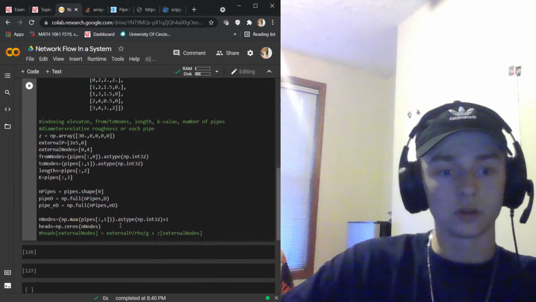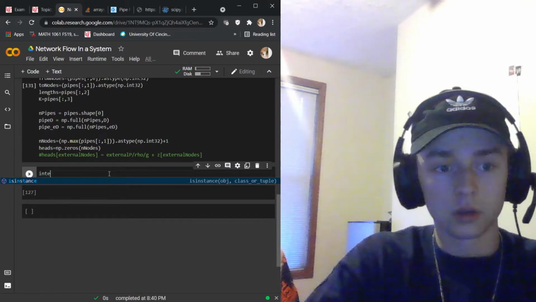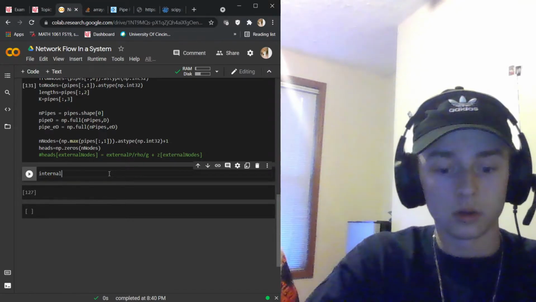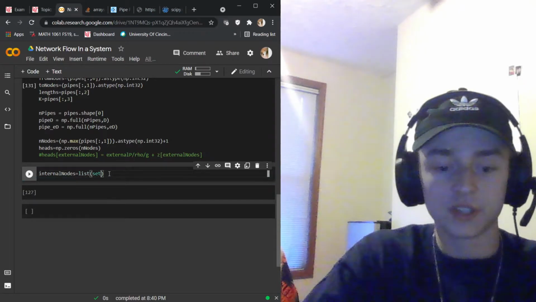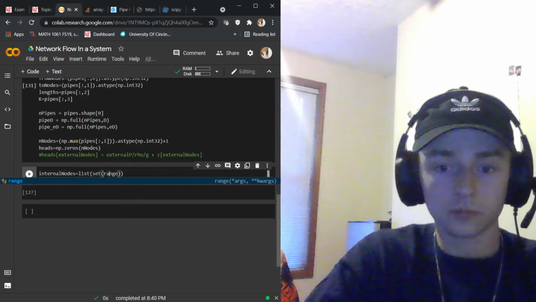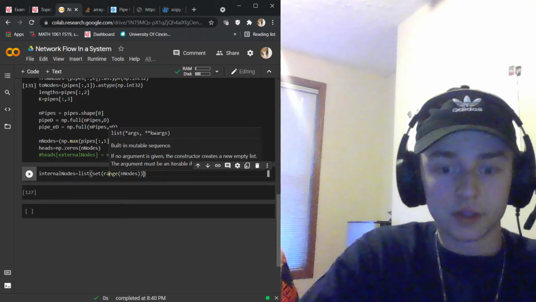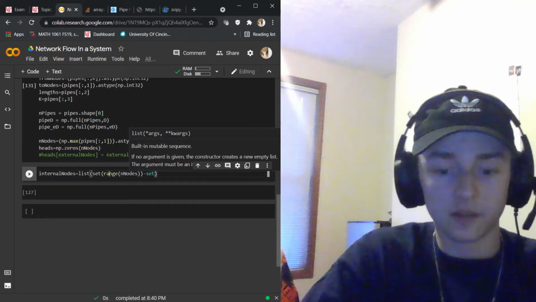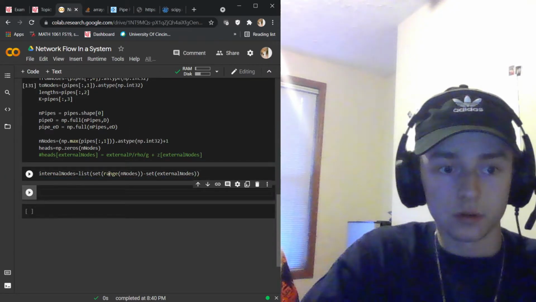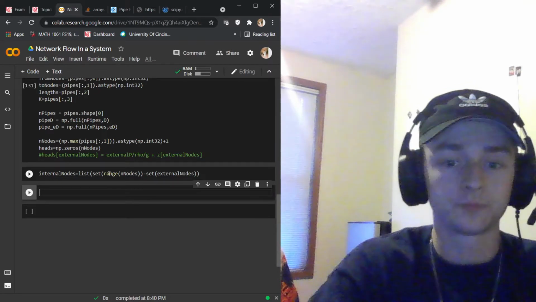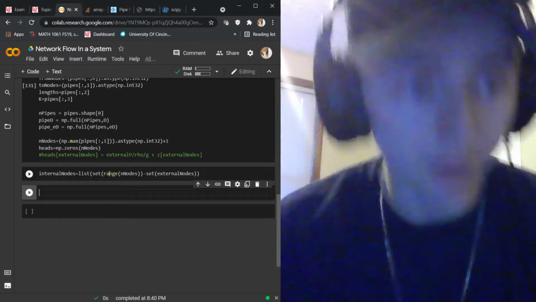What if I just, okay, so let's do that the internal nodes of our system is equal to a list from the set in the range of our number of nodes minus the set of our external nodes. Okay, that works out. That's concerning, but we're going to keep going.